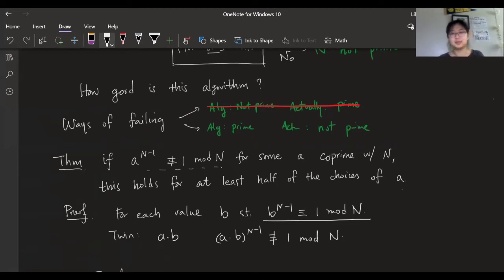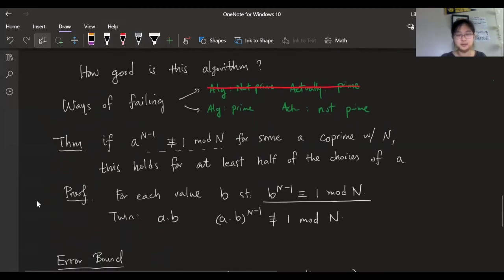All right, so you can think more about this at home, and this idea proves the theorem. I'm hand waving this a bit, but I'm going to reward myself with a little black box saying that I proved the theorem. It just says, given all my choices of a, if I pick randomly, I have at least a 1/2 chance of getting an element a such that my algorithm will succeed.